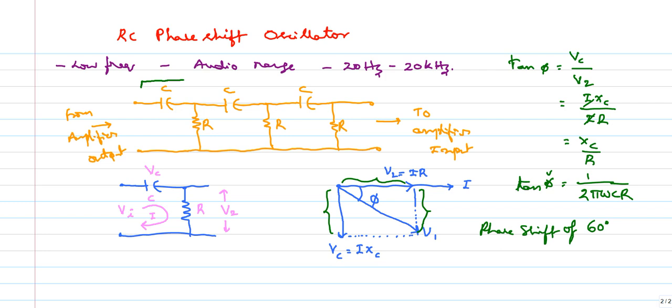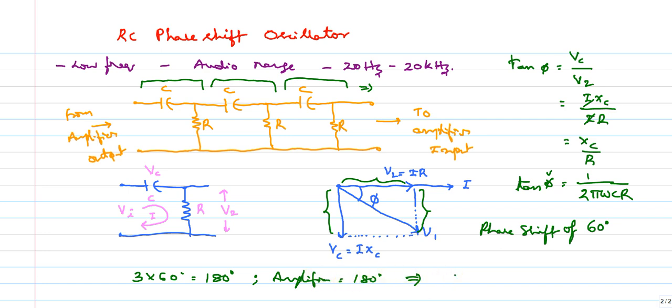If one branch gives 60 degrees, the other two branches will also give 60 each, so 3 into 60 is 180 degrees. Our amplifier itself gives 180 degrees, so finally theta is 360 degrees. So I can use this RC phase shift network as an oscillator. This is the main concept of the RC phase shift oscillator.